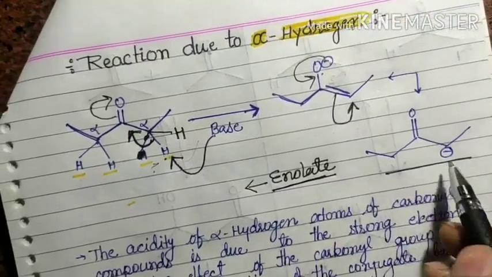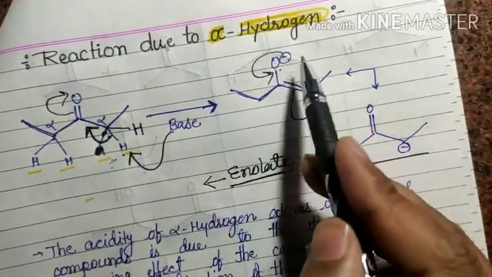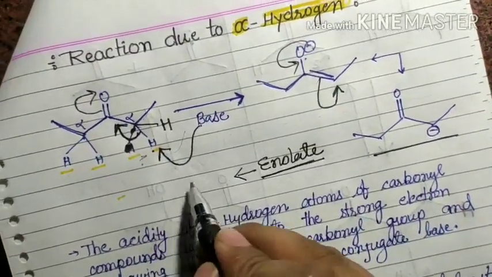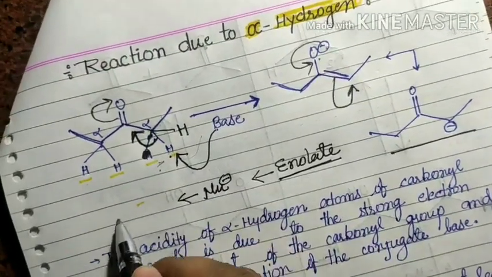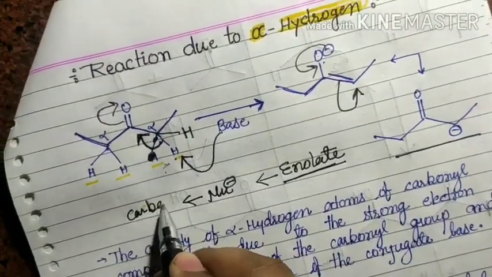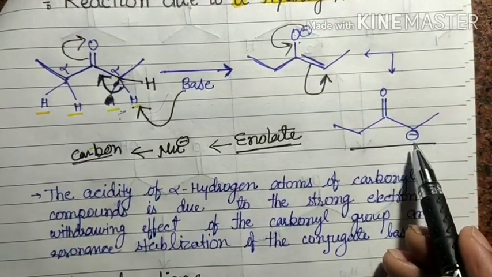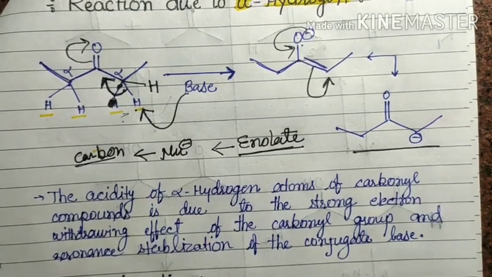This whole structure is called enolate; both structures are resonating structures of the enolate. So the enolate may behave as a nucleophile. Which type of nucleophile? A carbon nucleophile. Why a carbon nucleophile? Because this negative charge is present on the carbon atom. So this may behave as a nucleophile at the nucleophilic center, or where the partial positive charge is present.